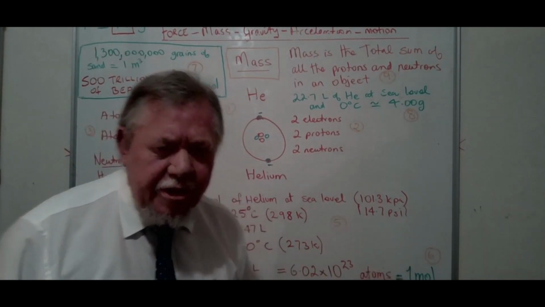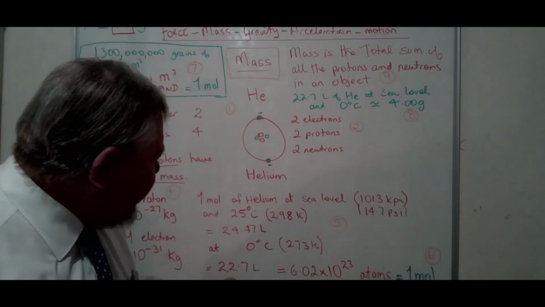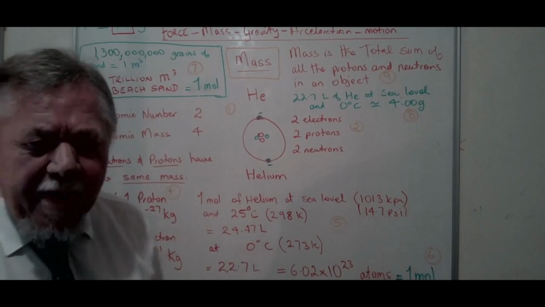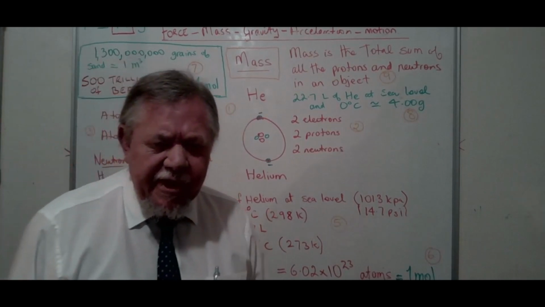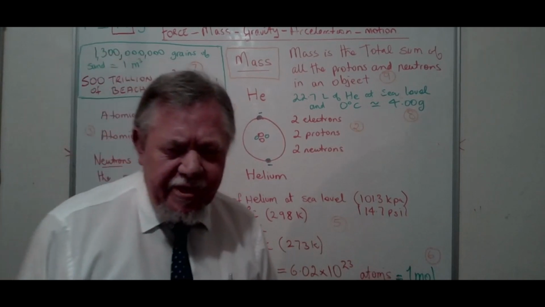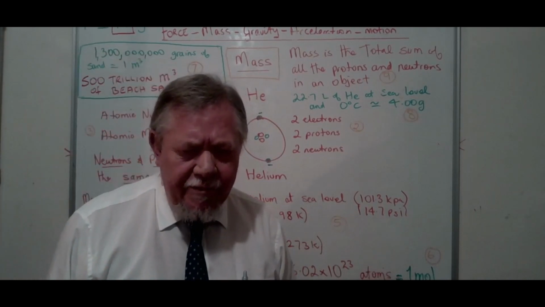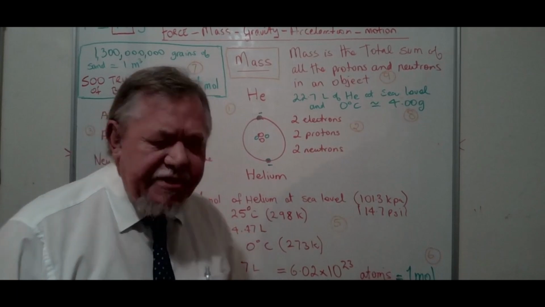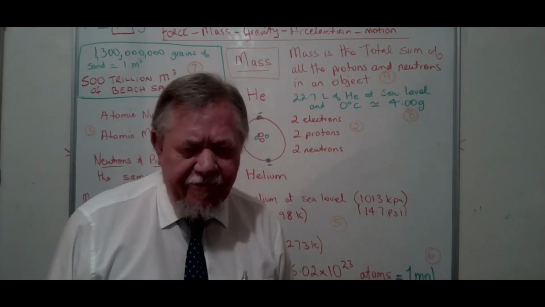It would change. So you can see what's happening: the colder you make it, in other words, the less heat there is, maintaining the pressure, the less heat there is, then that is going to give you less and less volume.